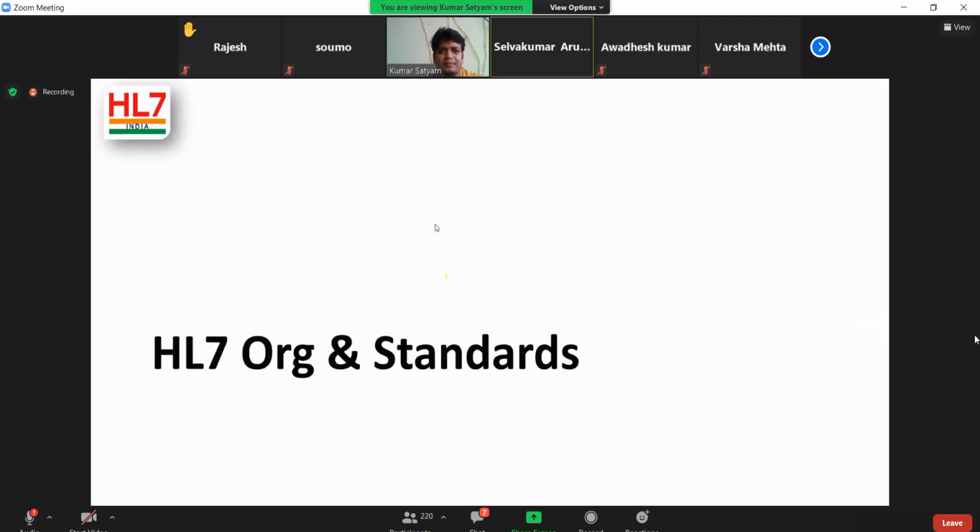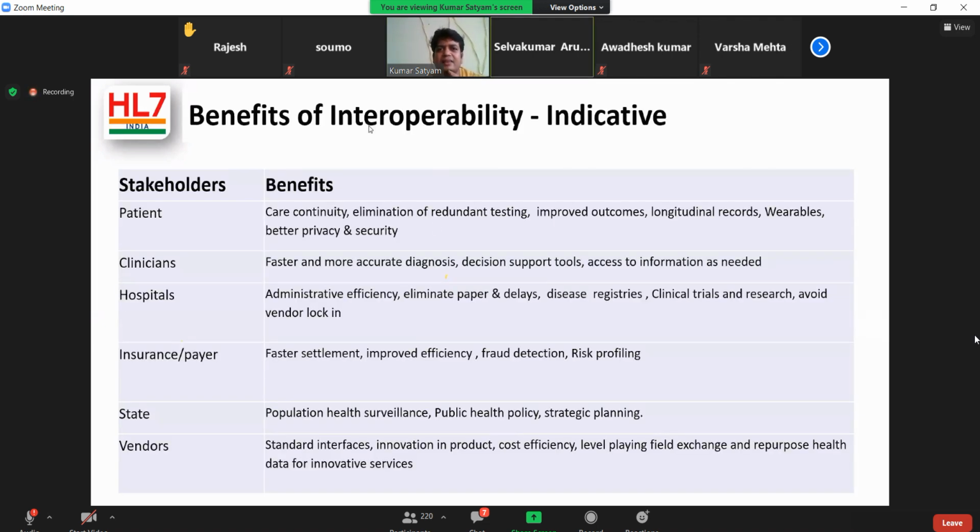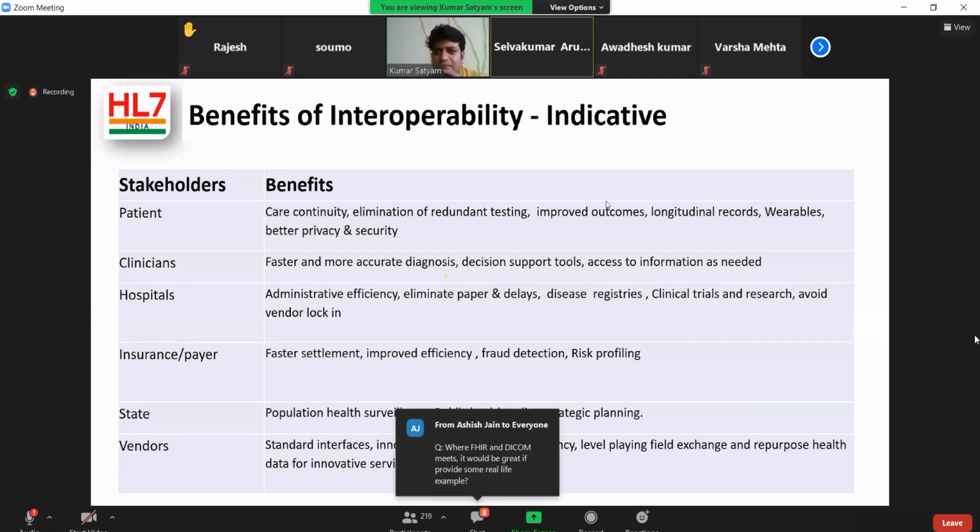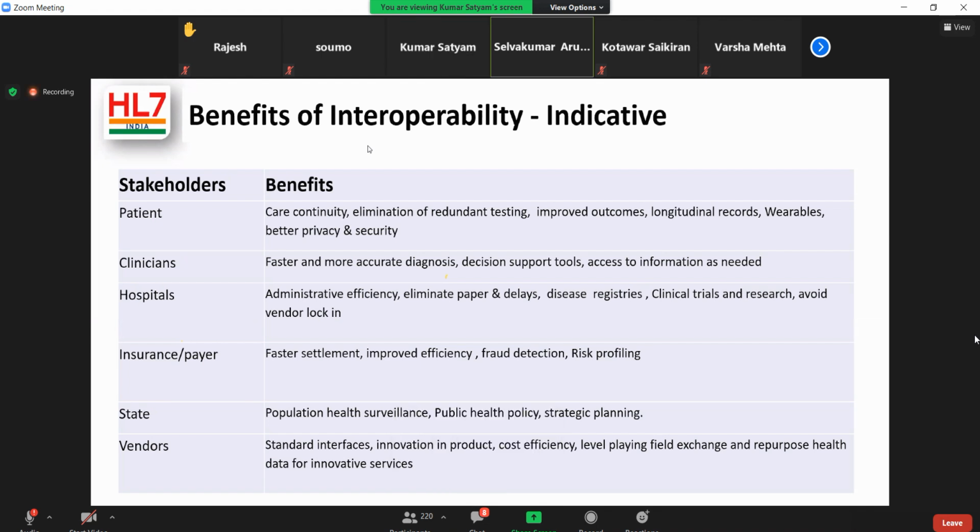Going next. Yeah, go ahead. Kumar, I just have one doubt. This works well in a hospital or a network of hospitals. They can have a single FHIR server, and all the devices can connect to this one system.